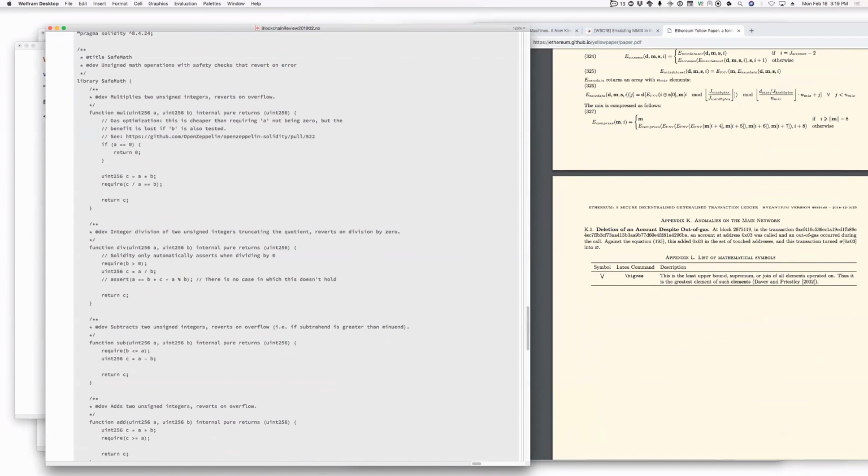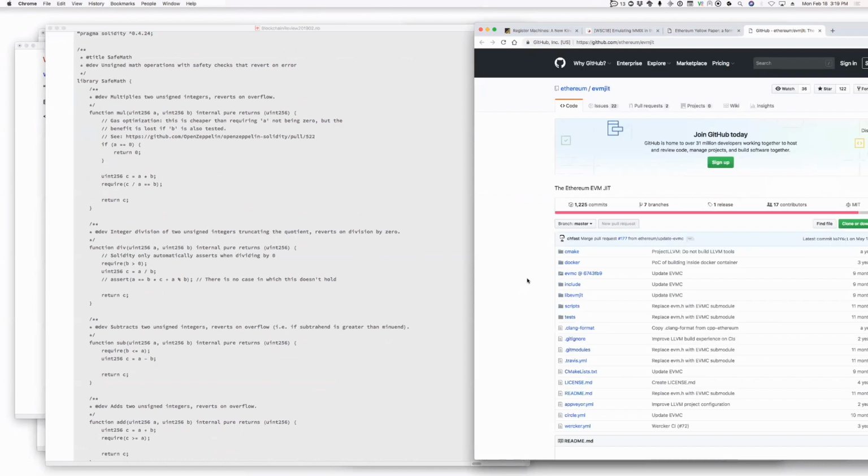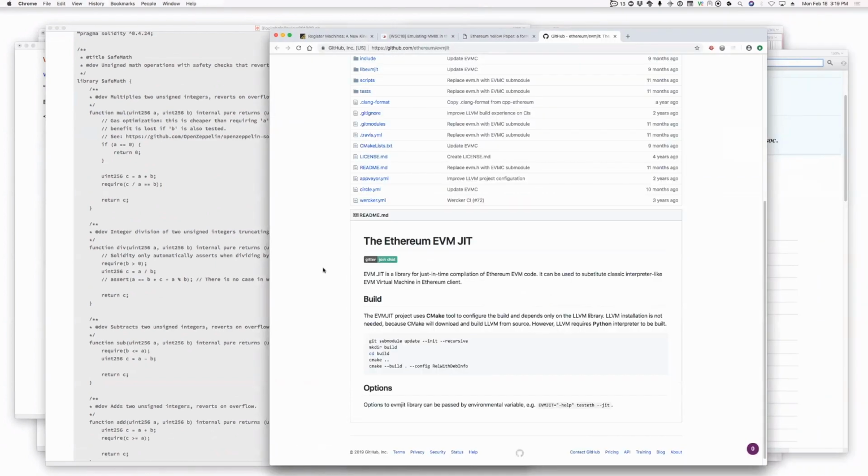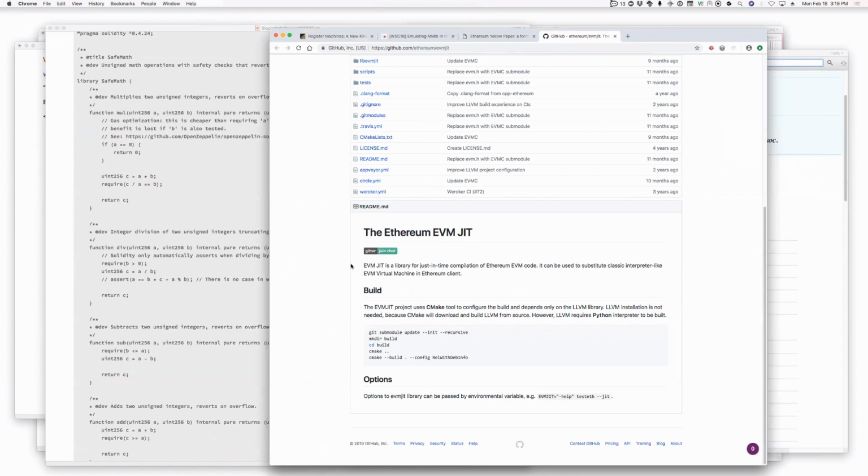Okay, so Carl said he's found one that goes the other direction, from EVM to, I see, this is from EVM. What does this do? I find it so infuriating that these things, it's just like, okay, it's a library for just-in-time compilation.